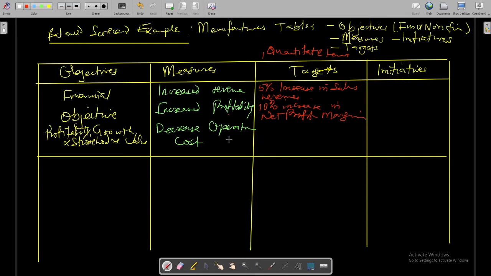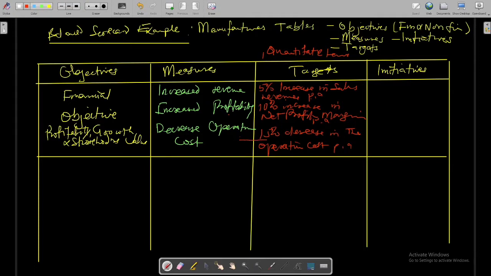Then under operation cost, we can say 15% decrease in the cost, in the operations cost per annum. So here we can attach time variables. So here we can say per annum, and this one too per annum. So 5% increase in sales revenue per annum, 10% increase in net profit margin per annum, and 15% decrease in the operations cost per annum.